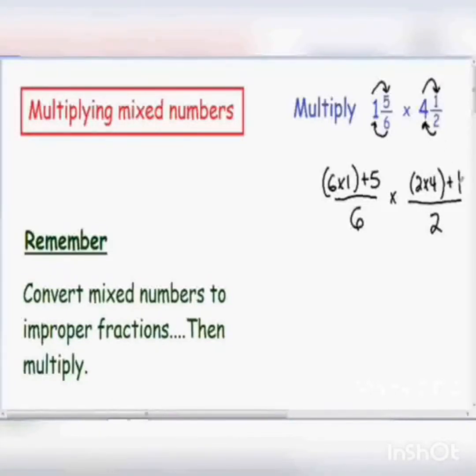So that gives us 2 times 4 plus 1. Now, once we are done with that, we multiply and add up the numerator over the denominator, the same thing, 2 times 4 plus 1. That is 8 plus 1 over 2.